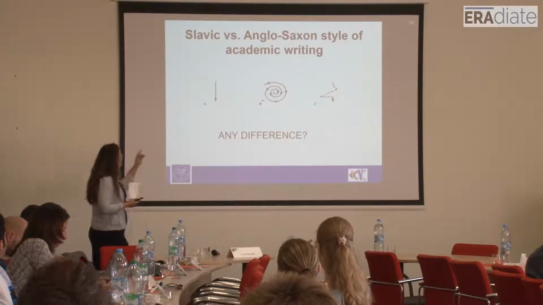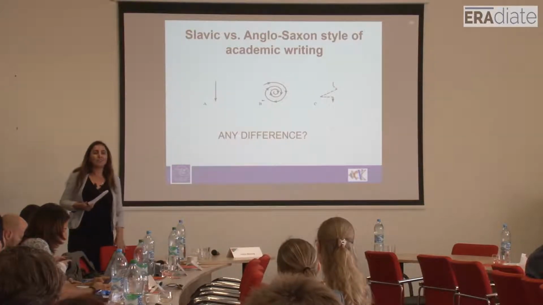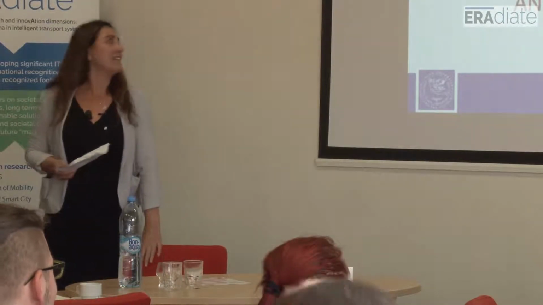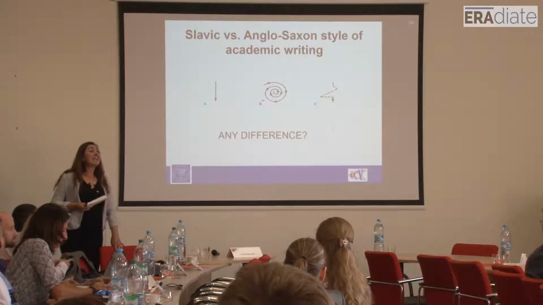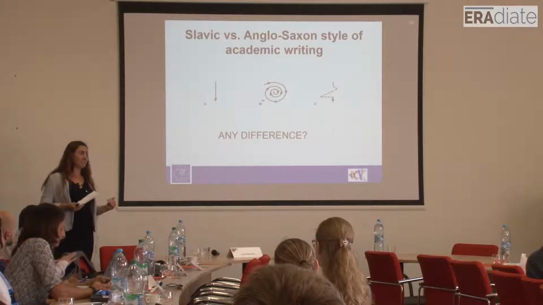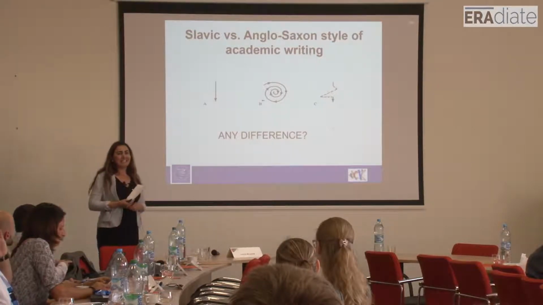What do you think? Which of these schemes depicts the Anglo-Saxon style of writing, or let's say Anglo-American style of writing? Yes, exactly. Why? Because it's so direct. Exactly, it's direct. From the problem to the solution. Yes. Okay, and what about the Slavic style?